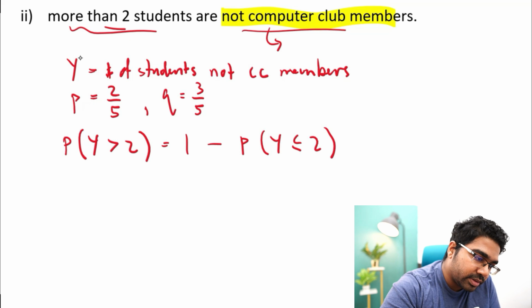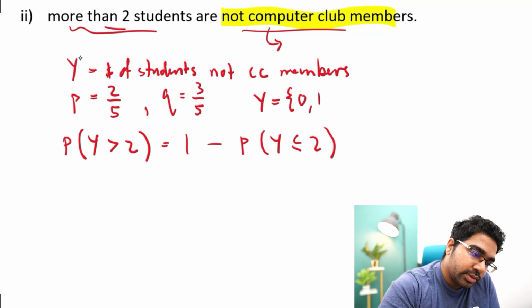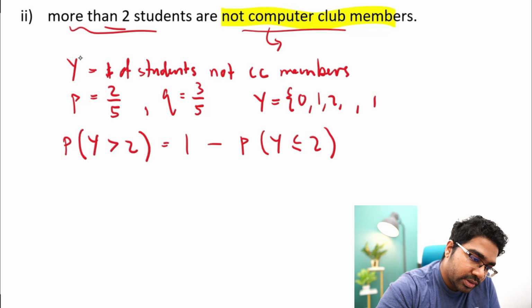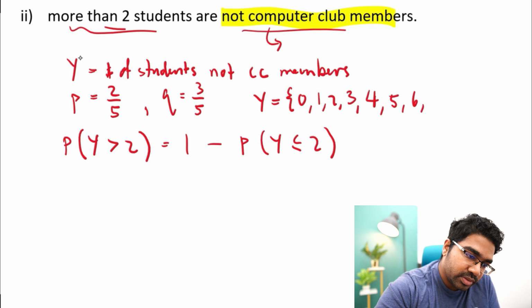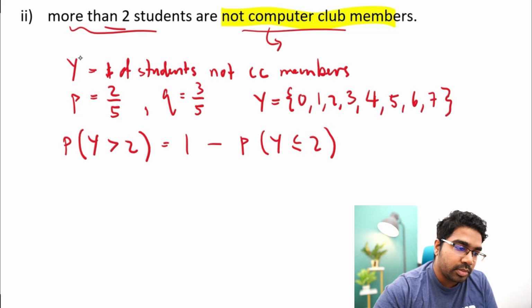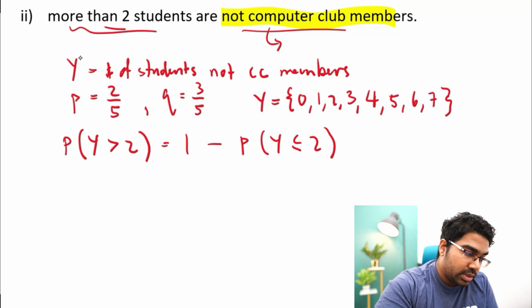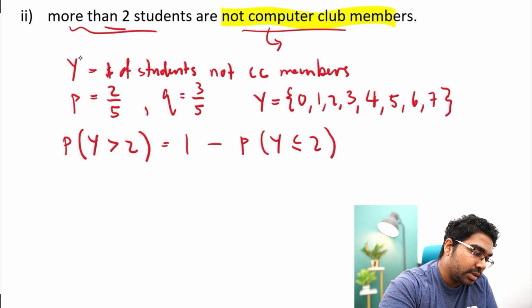So what we are doing here is actually very simple. X has values of 0 to 7. So does Y, because we are choosing from 7 students, there's a possibility of all 7 of them not being club members. So the answer that we are looking for is Y more than 2.